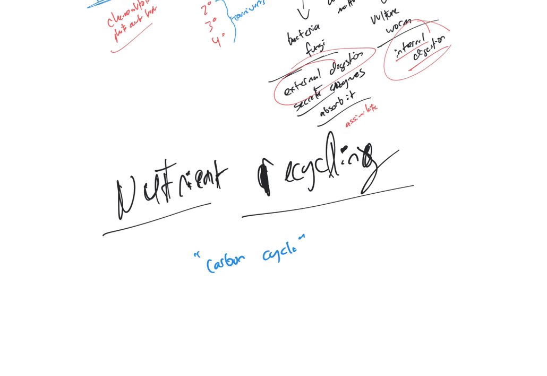So there's the carbon cycle, there's the water cycle, there's the phosphorus cycle, the nitrogen cycle. Really you only need to know carbon and water and nitrogen cycle.